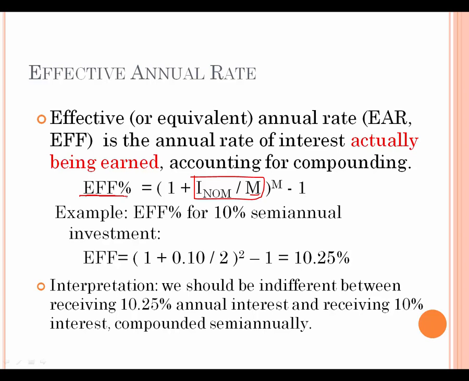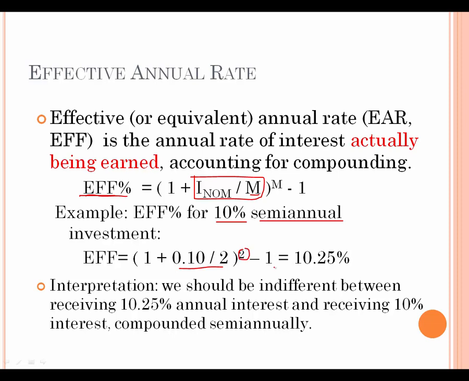Okay, so if you have a nominal interest rate of 10% per year, but you get to do semi-annual compounding, or say twice a year, then every 6 months you have actually a 5% interest rate, and you use the 5% interest rate to compound twice in a year, and use this result minus 1, you get 10.25%.